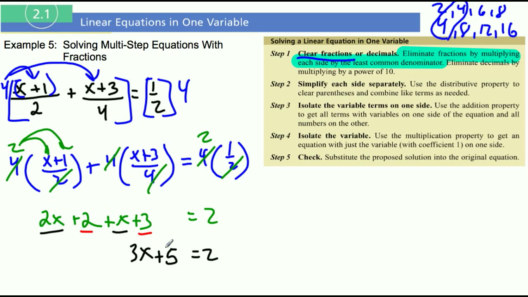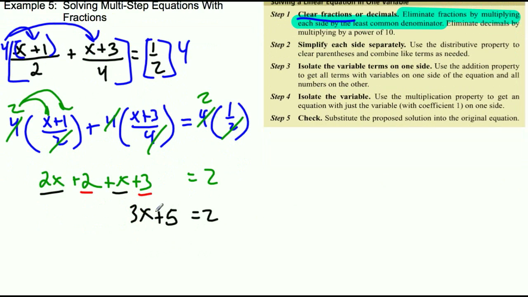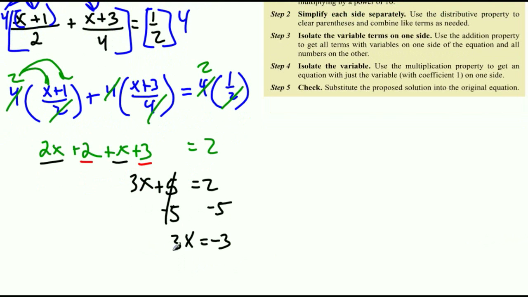I just combined 2x and x. It gives me a 3x, and 2 plus 3 is 5. So now let's go ahead and solve for x. I'm going to subtract 5 from both sides. I'm left with 3x equals negative 3. And lastly, I'm going to divide both sides by 3, and x equals negative 1. And there we have it.